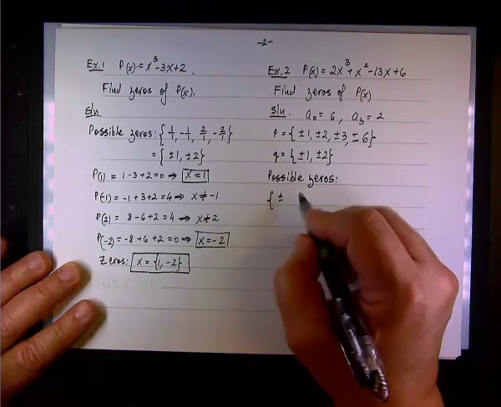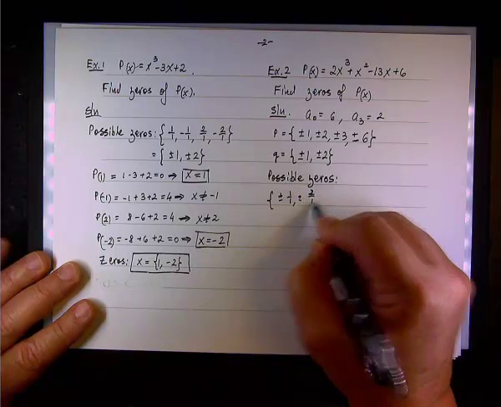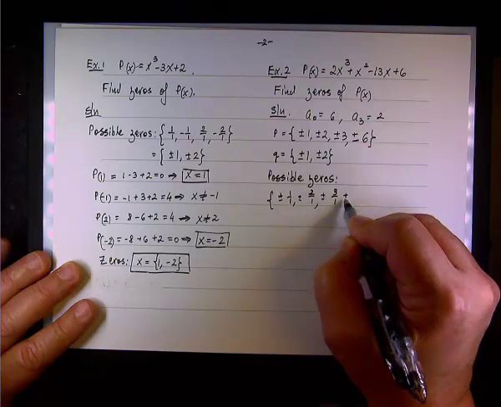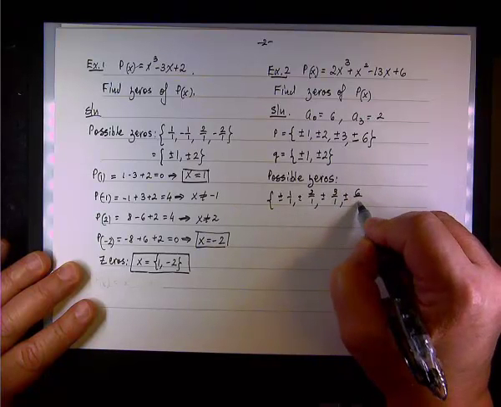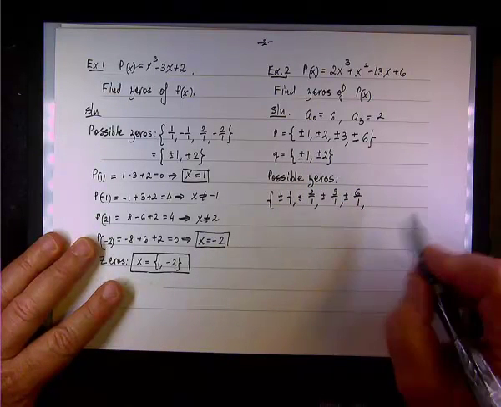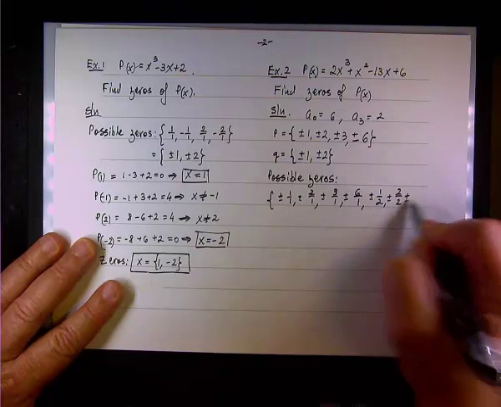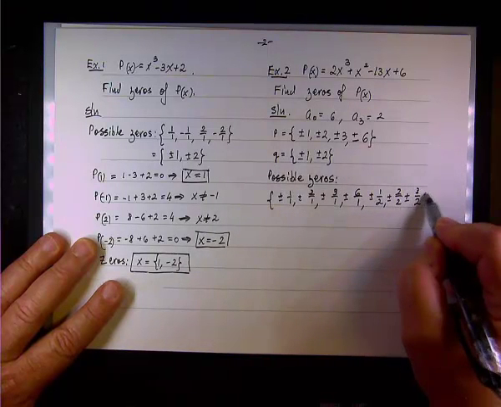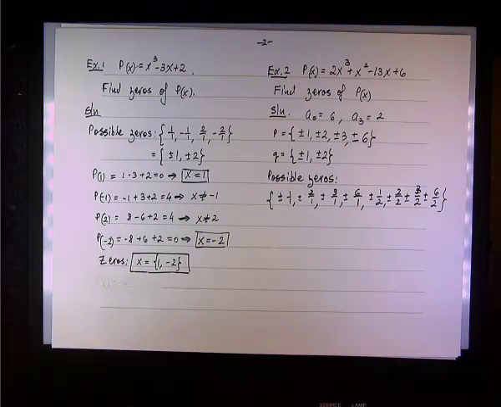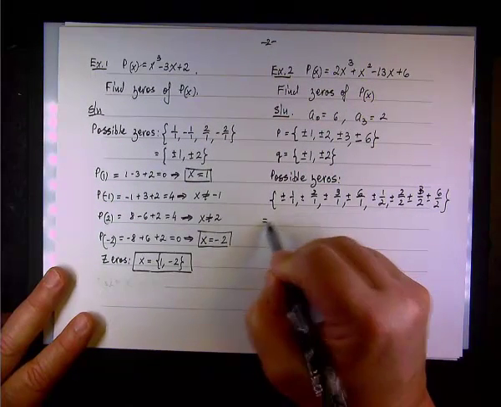Possible zeros, let's see. We take the numerator and divide by the denominator. So we have plus minus 1 over 1, plus minus 2 over 1, plus minus 3 over 1, plus minus 6 over 1. We finish one group, and now we need to divide by 2. So we have plus minus 1 over 2, plus minus 2 over 2, plus minus 3 over 2, and plus minus 6 over 2.